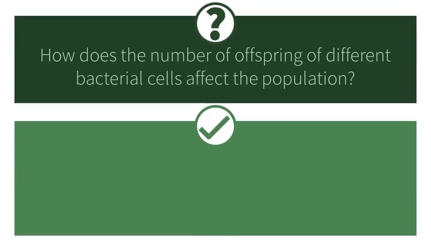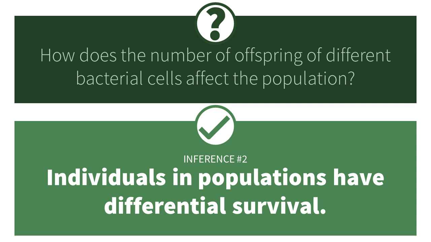How does the number of offspring of these mutated bacteria affect the population of bacteria in the body? The bacteria that did not have the mutation have all died. The bacteria with the mutation will have more offspring since they were able to survive. Darwin inferred that there would be differential survival among individuals in a population.